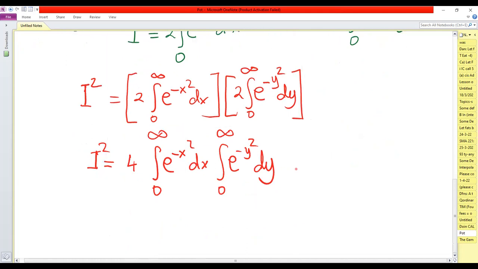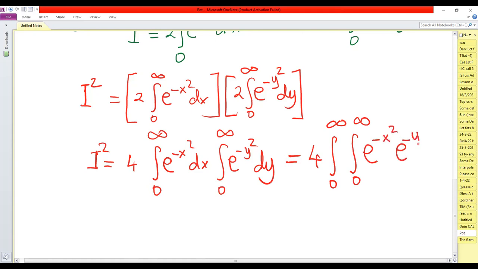Combining, I'll get this as 4 times the integral from 0 to infinity of the integral from 0 to infinity of e raised to power negative x squared times e raised to power negative y squared dx dy.